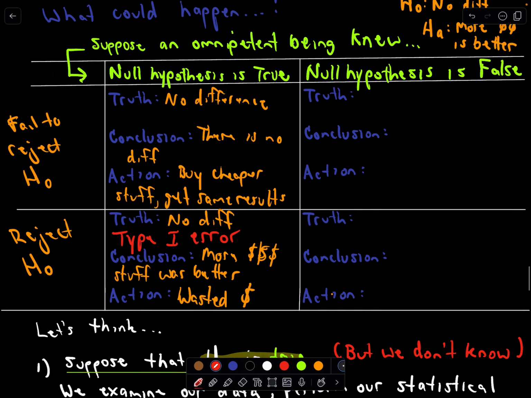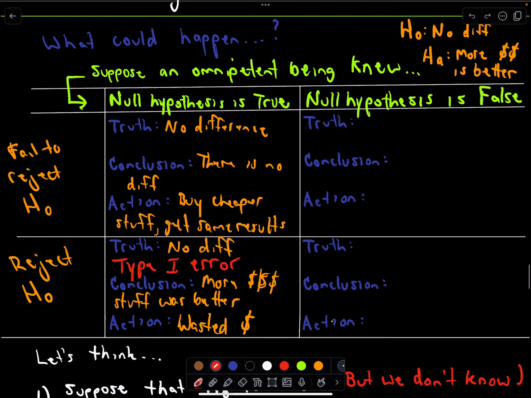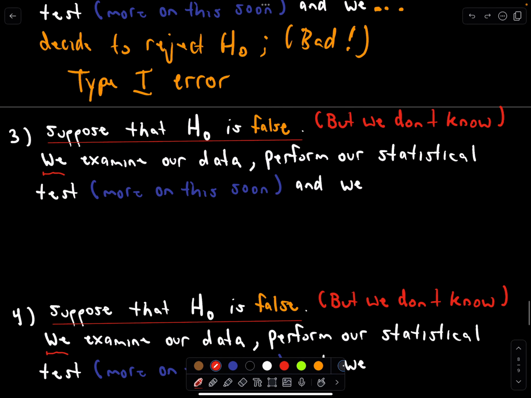Okay, so what else could happen? Now, suppose that the null hypothesis is false. So we're believing that there is no difference between those two soaps. Suppose ultimately we know that, well, that's not correct, which means the more expensive stuff is better. And again, what could happen? Suppose that the truth is that null hypothesis is false, and we examine our data, we perform our statistical test, we do the same thing, and we fail to reject.